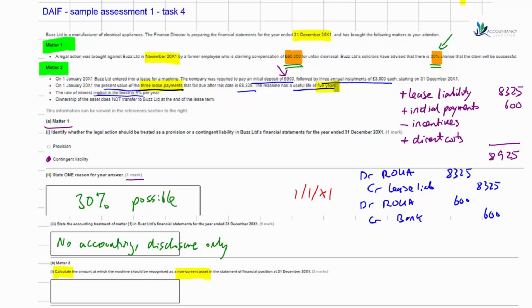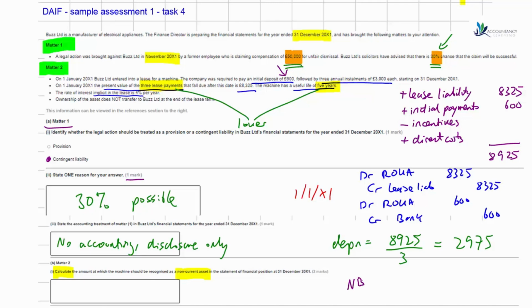The lease term is 3 years, so we need to depreciate over the lower of these 2 figures. And the lower is 3 years. So our depreciation is going to be 8925 divided by the 3 years, which gives us a depreciation each year of 2975.